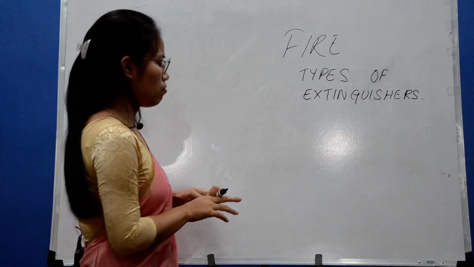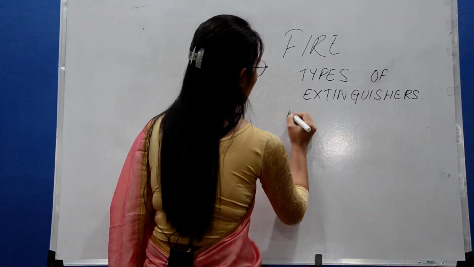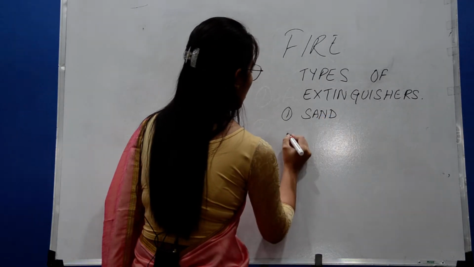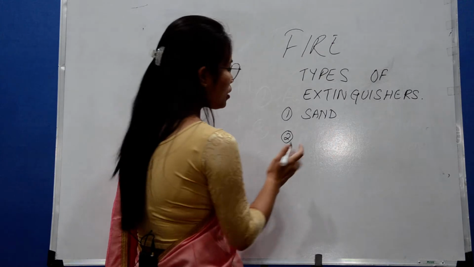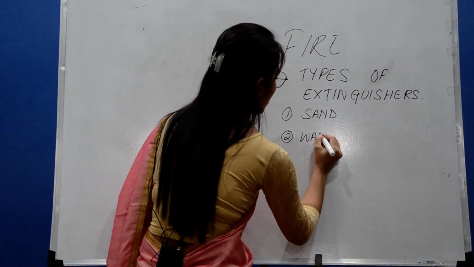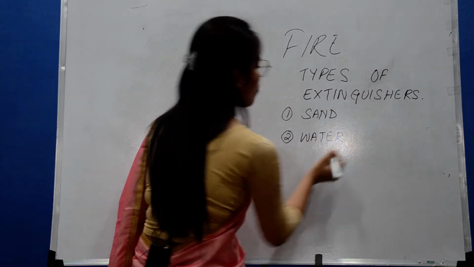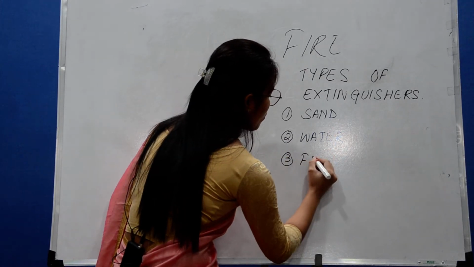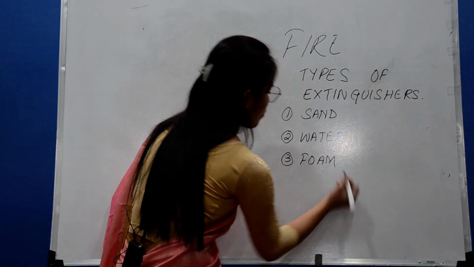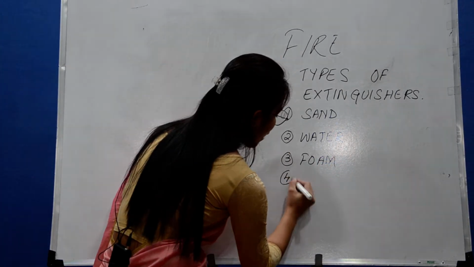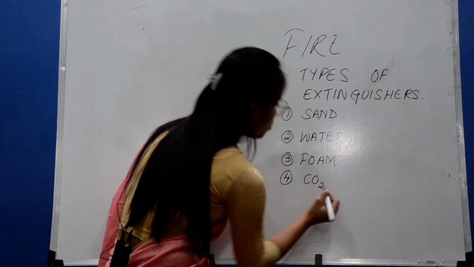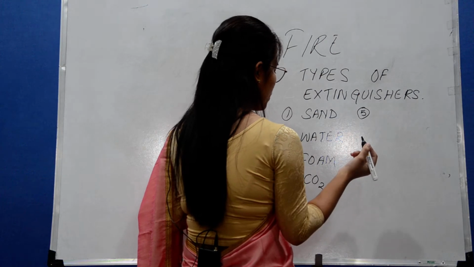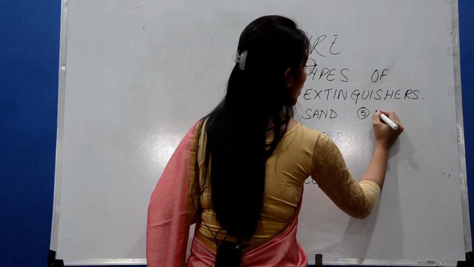We have steam, then we have water, we have foam. We also have carbon dioxide, CO2. Then we have dry chemical powder.